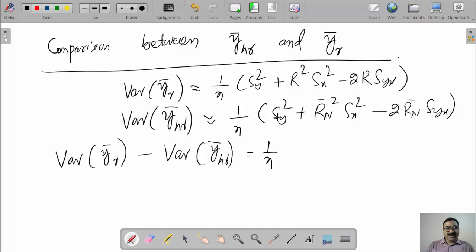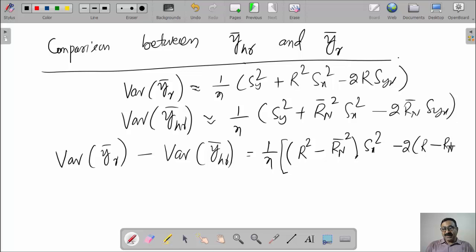Here Sy square will cancel out, so we will only have R square minus Rn bar square into Sx square minus 2 into R minus Rn bar into Syx.